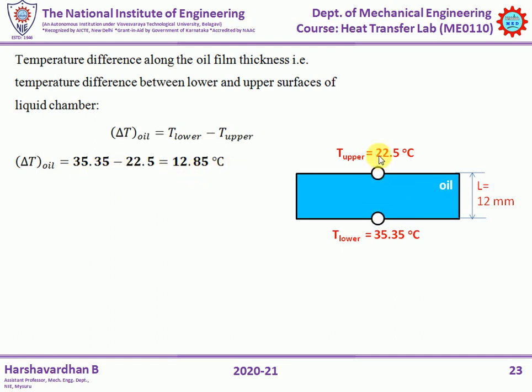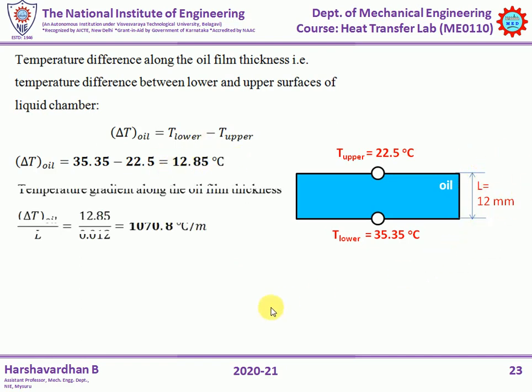That means in the direction of heat conduction from the lower surface to the upper surface, there is a temperature drop of 12.85 degree centigrade. Now when we divide this temperature drop by the thickness of the oil, we get the temperature gradient, and that value is 1070.8 degree centigrade per meter.